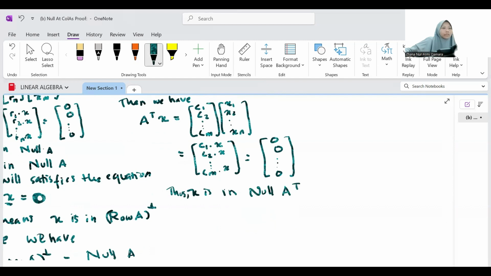And then let x be in the null space of A transpose.